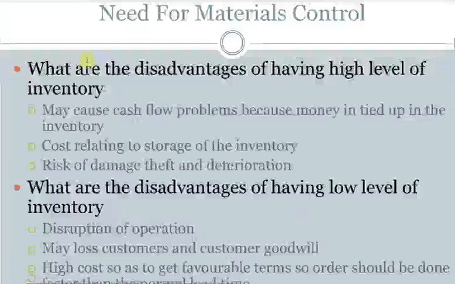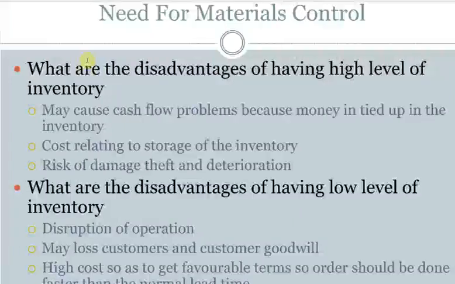So why the need for material control? Why do we need to manage our material? Let us talk about this from the perspective of the disadvantages of having too high a level of inventory and the disadvantages of having low inventory, because this will explain why we actually need to manage our inventory.